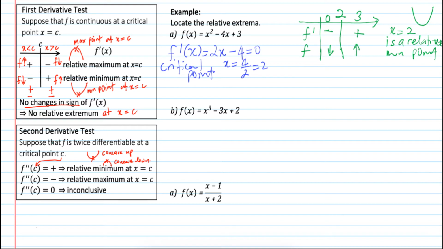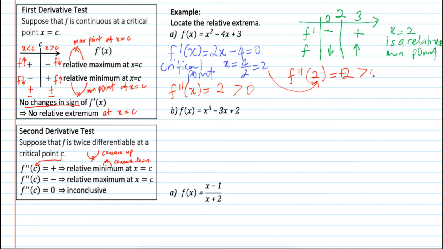The second derivative test. Find the second derivative, f double prime x. So if you differentiate this, you get equal to 2. And this one is always positive. So f double prime, you substitute 2, the critical number, this is equal to 2. Actually, whatever number you put into here, you will always get a positive 2.